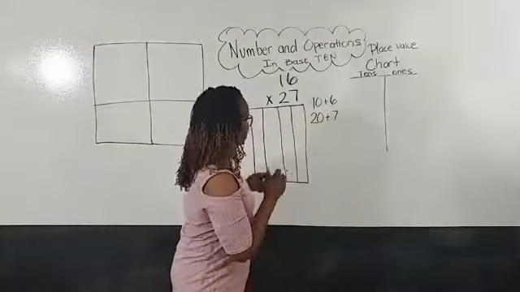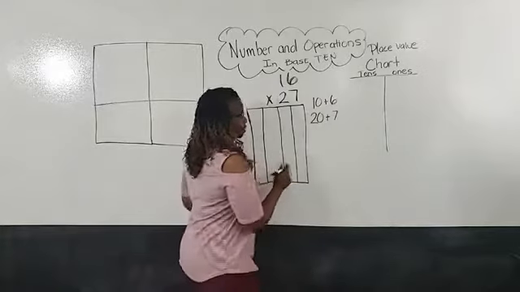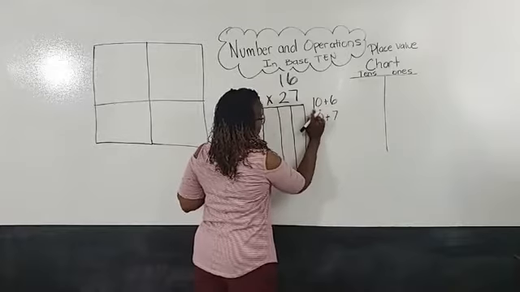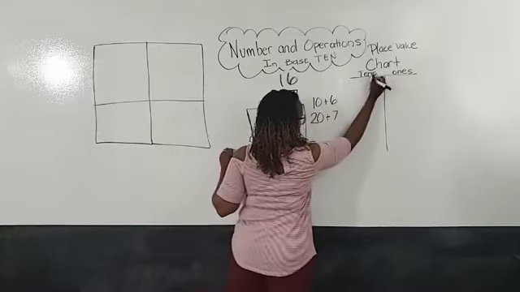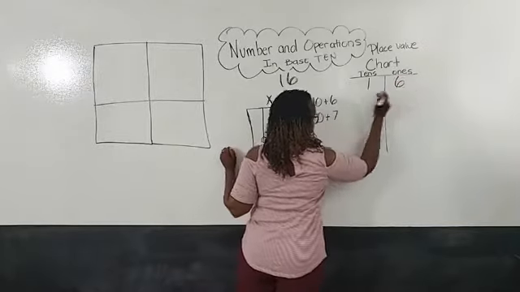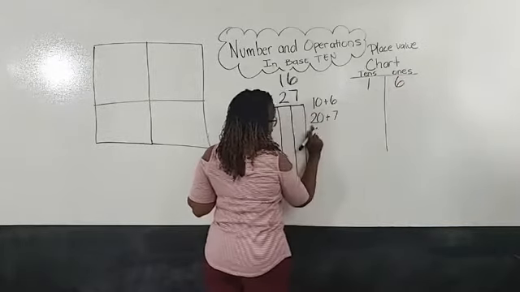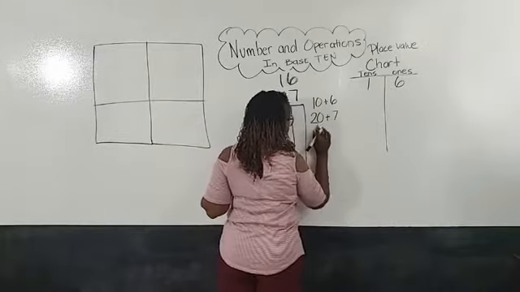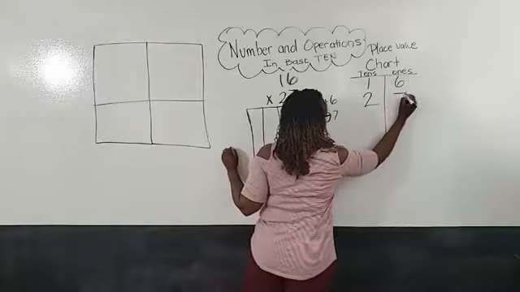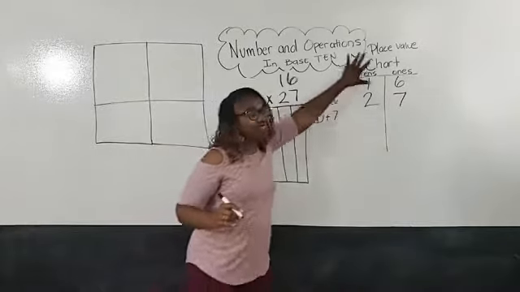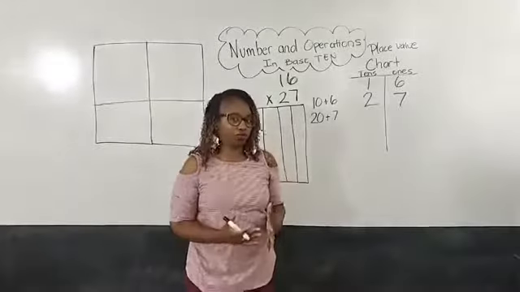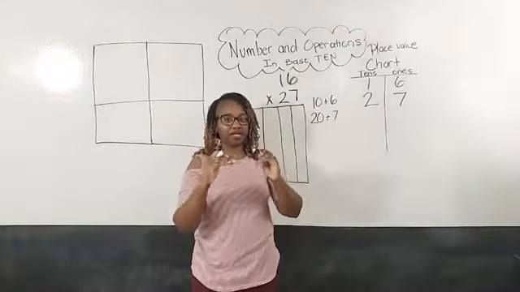So I'm going to look at my 10s and my 1s based on the numbers that I have. So 10 is 1 ten and 6 is 6 ones. Okay, I'm just putting this in my chart. 20 is 2 tens and 7 is 7 ones. I broke it down even further, so I'm getting a little more comfortable with the numbers because I'm breaking them down.